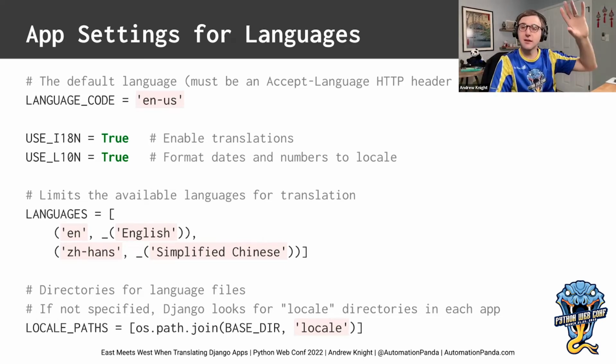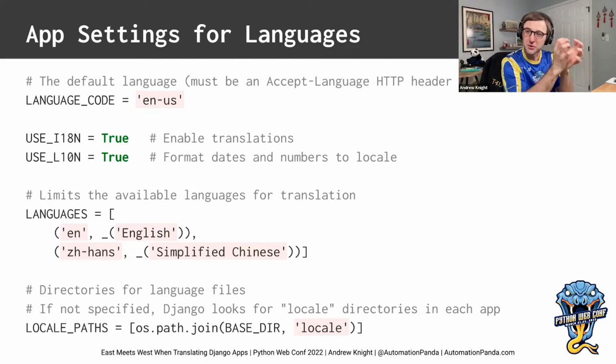You can set locales per folder, per application in your Django project, or you can set universal locations. I personally like to put all of my locales for my entire Django project in one locale directory. You can split it out by app, and the nice thing is, if you've got an app that you want to reuse somewhere else, you can bundle up the locale just for the pieces that it needs.